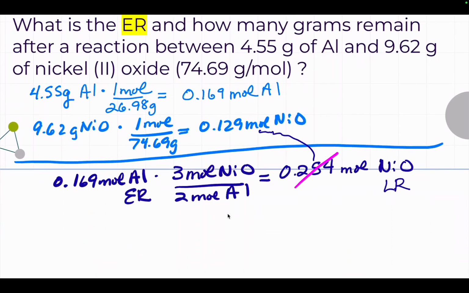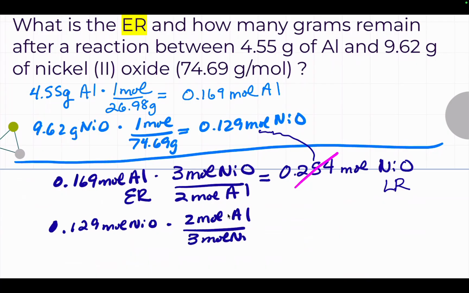Let's say by chance you chose the other way. If I take 0.129 moles of nickel(II) oxide and convert it into aluminum, I get 0.0860 moles of aluminum. And again, I evaluate this.